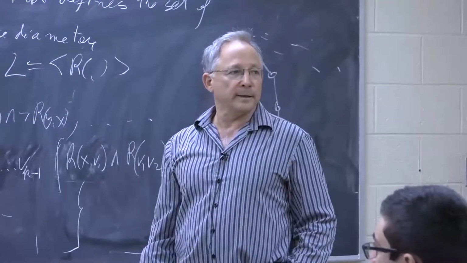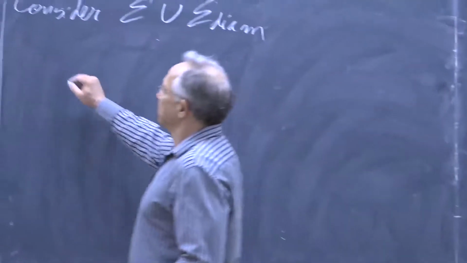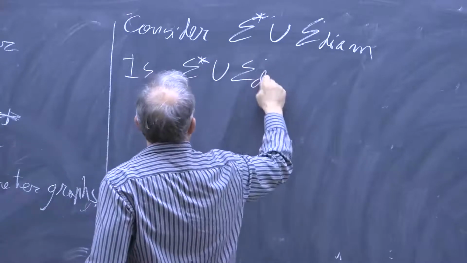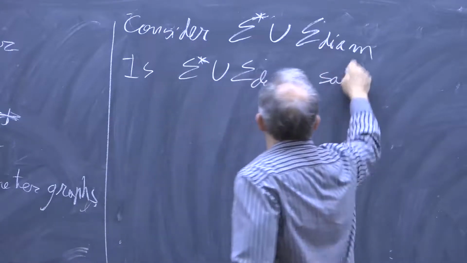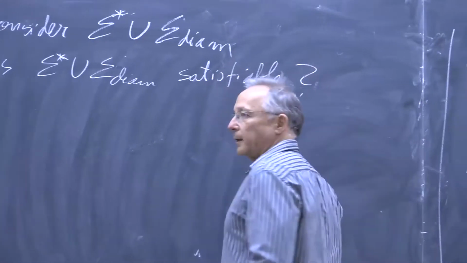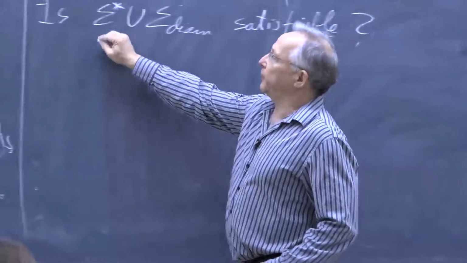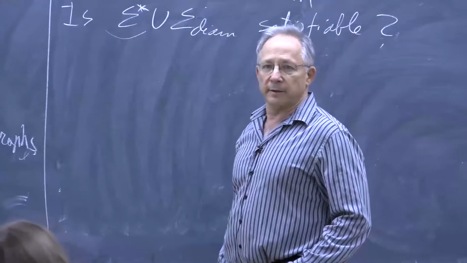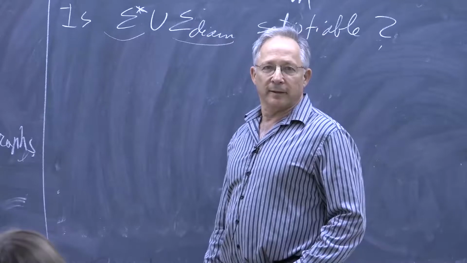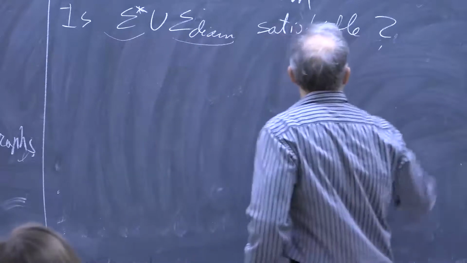Now I can ask, is sigma star union sigma diameter satisfiable? And what is the answer? Sigma star defines the family of all finite diameter graphs. Sigma diameter defines the family of all infinite diameter graphs. I cannot have a graph that both has a finite diameter and an infinite diameter. So the answer is no.